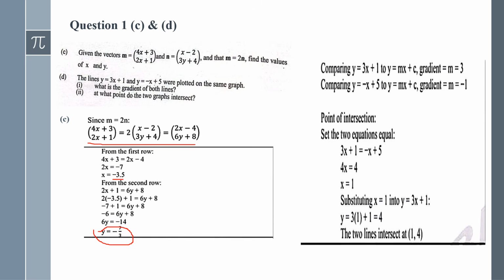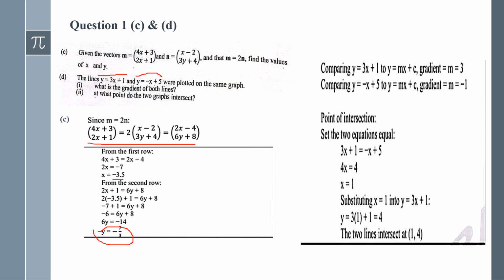Then D says the lines y equals 3x plus 1 and y equals negative x plus 5 were plotted on the same graph. What will be the gradients of both lines, and at what point do the two graphs intersect?